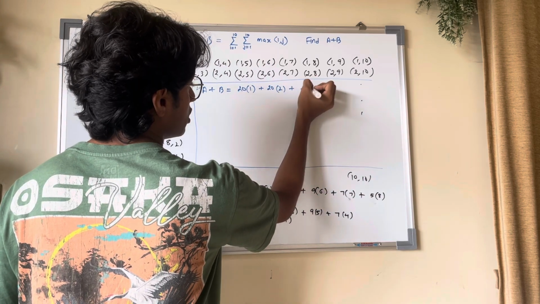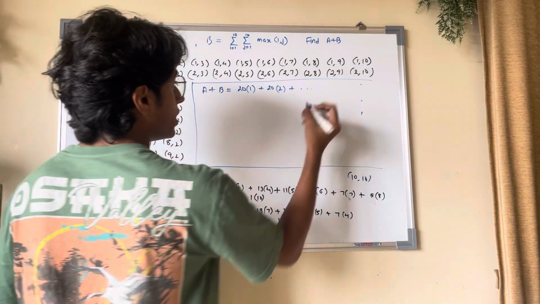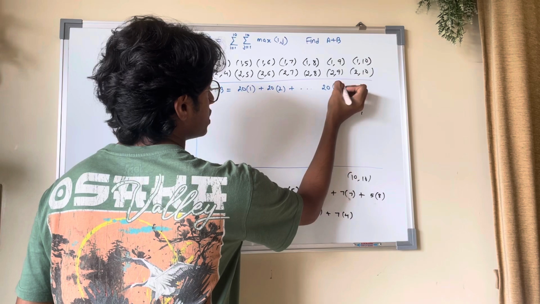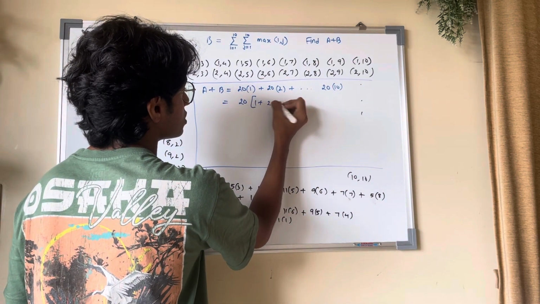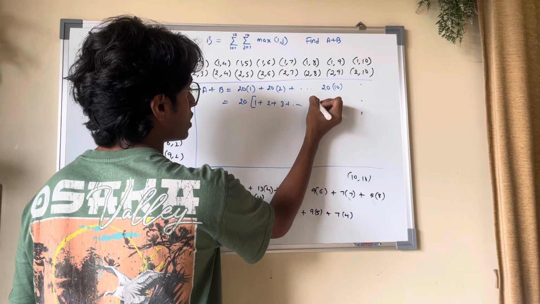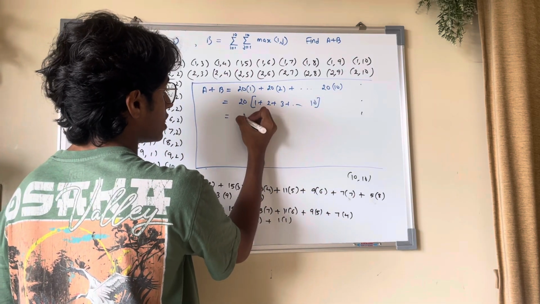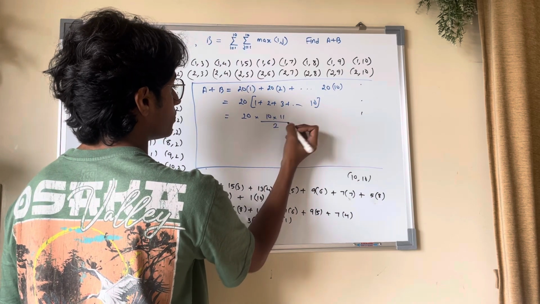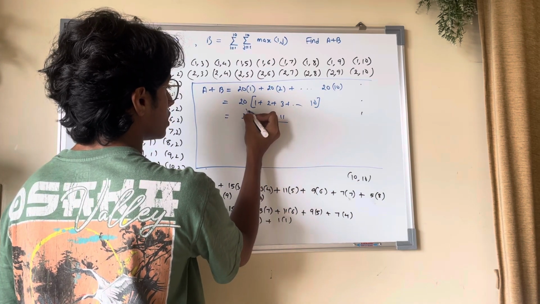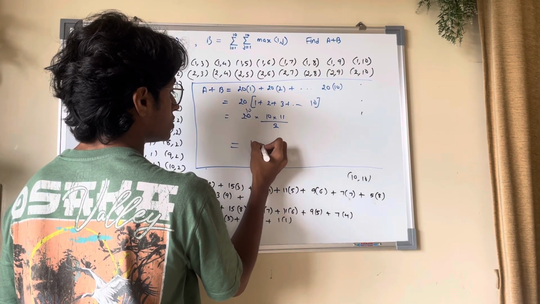And this will continue till 20 times 10. Now taking 20 common, we have 1 plus 2 plus 3, which goes on till 10. This is the sum of the first 10 natural numbers, that is 10 into 11 by 2, which is 55. So 20 times 55, and the answer is 1100.